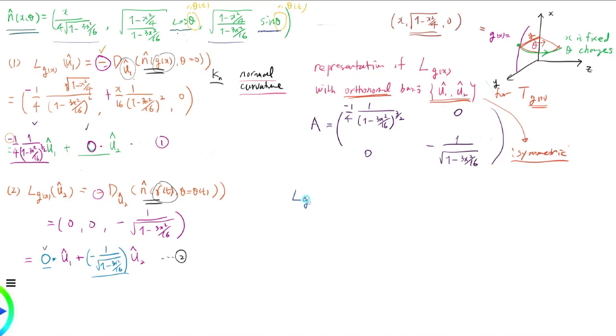So let's say for the shape operator on u1, we have a times u1 plus b times u2 here, and say for the shape operator on the direction u2 vector on the generating curve, c times u1 plus d times u2 here.